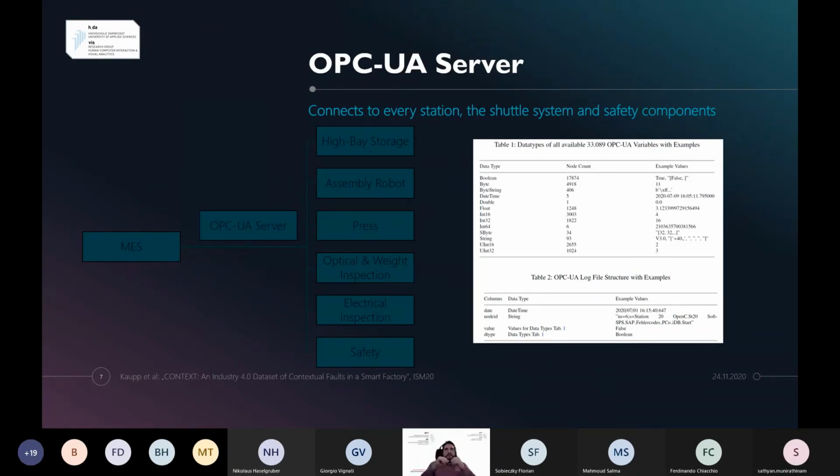As I told you, the optical and weight inspection station was out of order for the time of the recordings. Nevertheless, we have about 30,000 OPC-UA variables that we can subscribe to, with interesting data types like byte strings and SBytes, and also Boolean values, which can be an unexpected array string. So it's like in the very real world, you should not do it, but it will be done somehow.